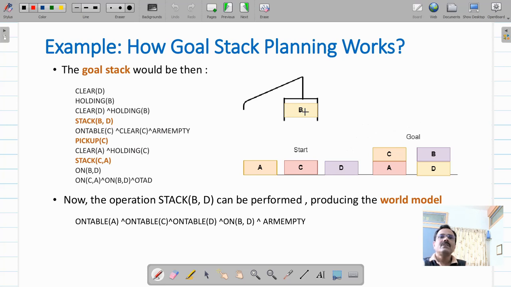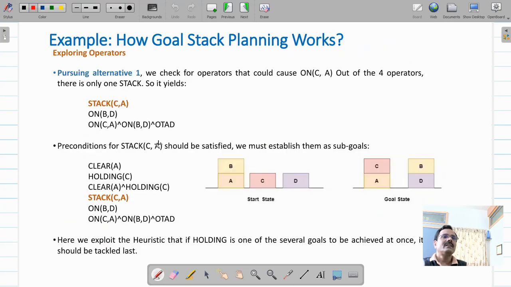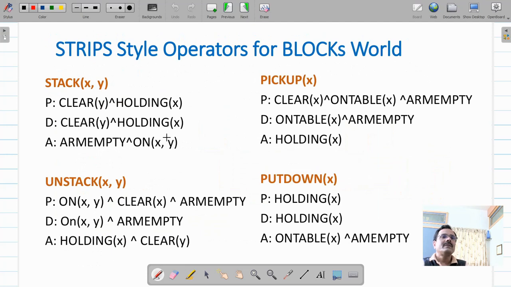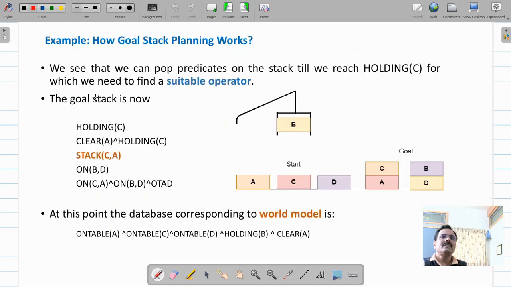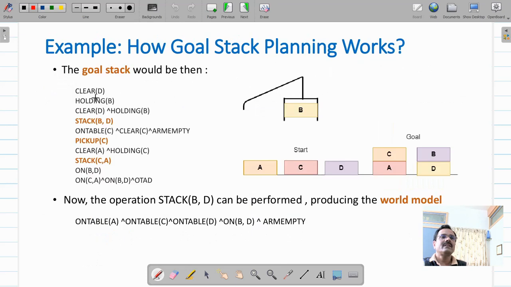So in one shot you are going to perform two things, but for that purpose you should look ahead. So instead of selecting the second option, putdown X, if you select stack XY, that will be much more efficient. So we will select stack BD instead of putdown B.